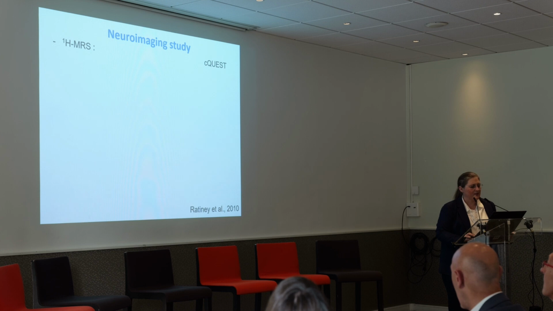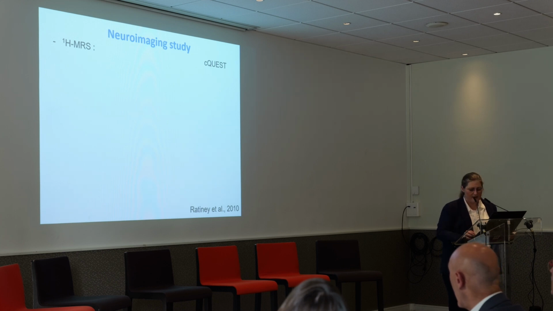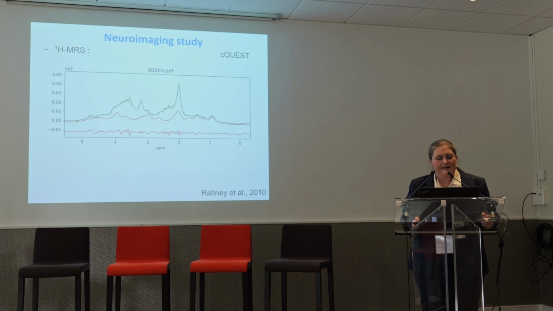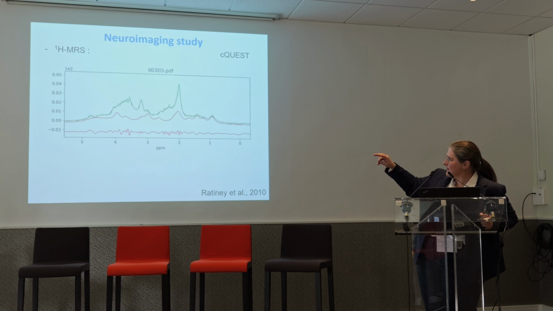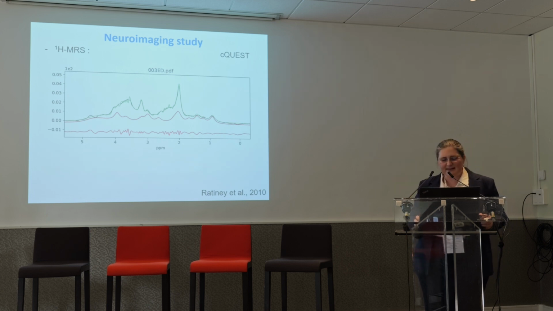And in collaboration with Hélène Ratinet, I work with Sequest, one of the modules of the MRI tool that allowed us to analyze the spectrum of spectroscopy more quantitatively. You can see in black the actual original data, and then in green the fitted model.